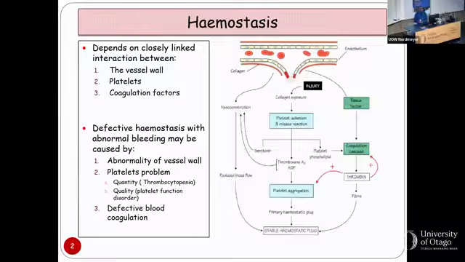The first is what you refer to as reflex vasoconstriction that happens at the level of the vessel, and then you get the primary platelet plug that is formed, which is then consolidated with the help of the coagulation cascade to form this fibrin meshwork that will then hold the clot in place.